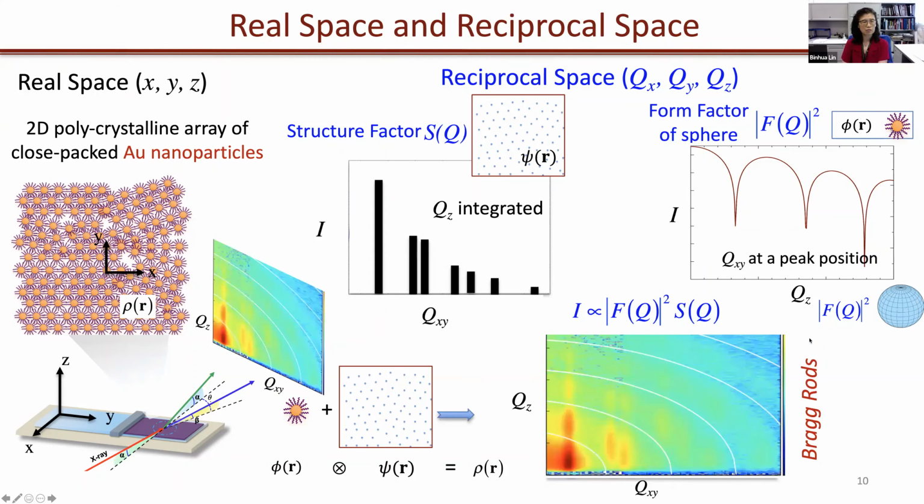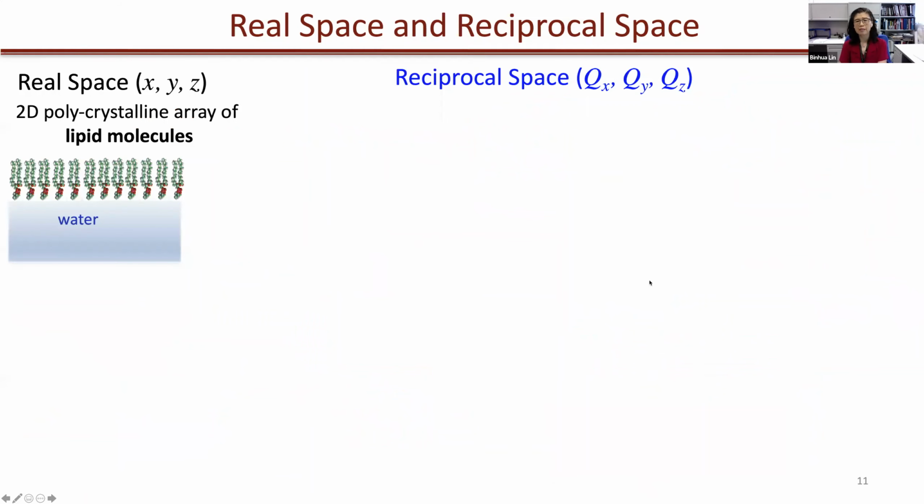So now I'll give you the real diffraction pattern. It looks like this. All the white lines here follow the minima of the form factor. So now you see the Bragg rod is modulated along the Z direction. The last example is a lipid monolayer.